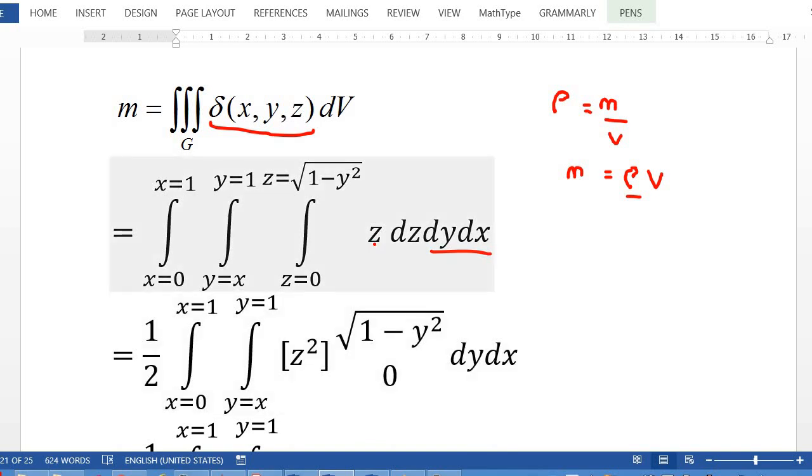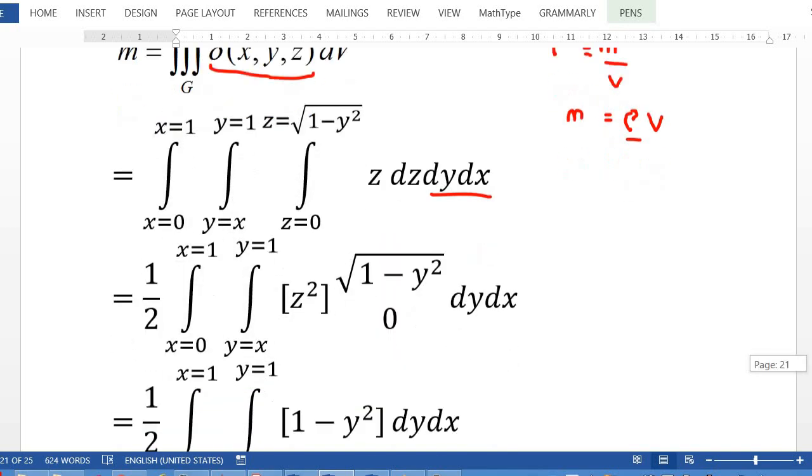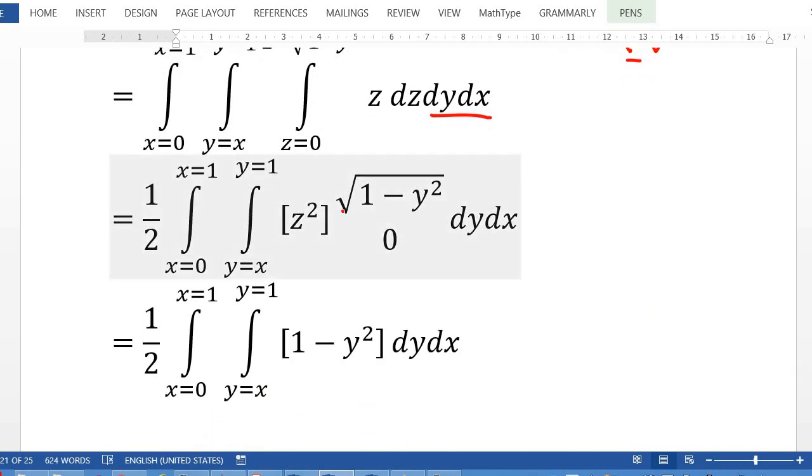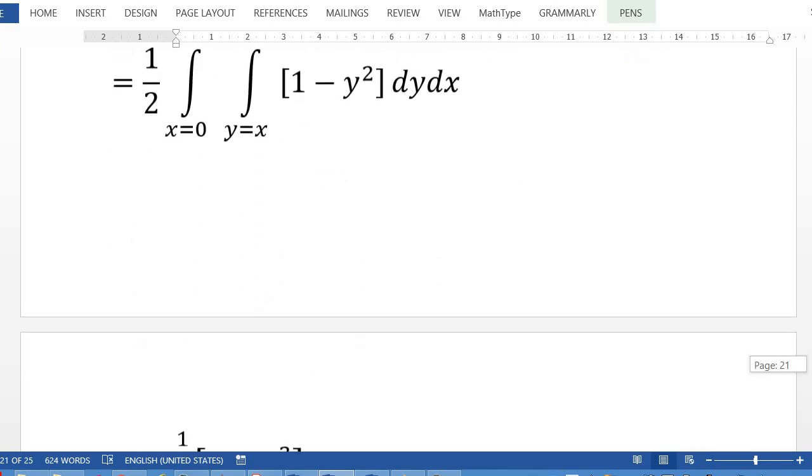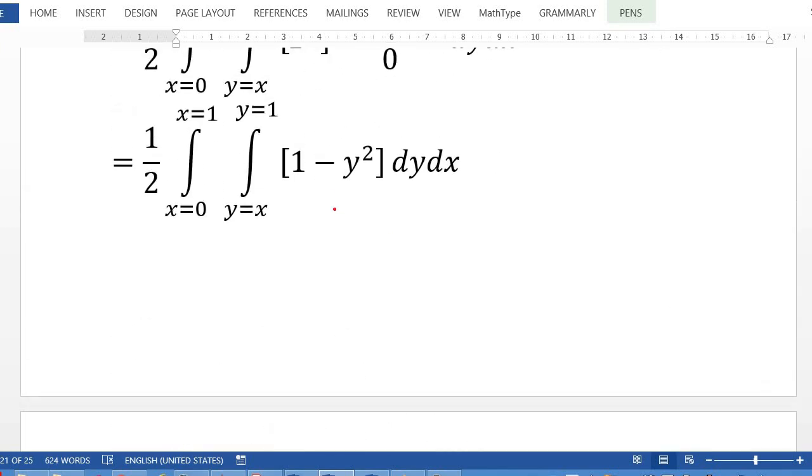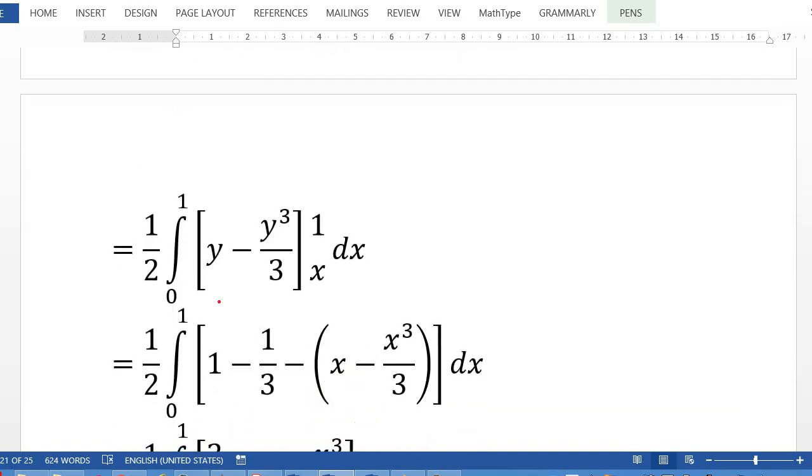Then you integrate z dz, you have z squared over 2. Plug in the limit, square root and squared, that's why you are left with 1 minus y squared. Integrate with respect to y. Integrate 1, you have y, so minus y cubed over 3.